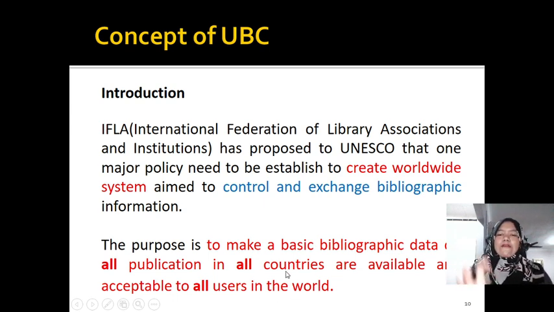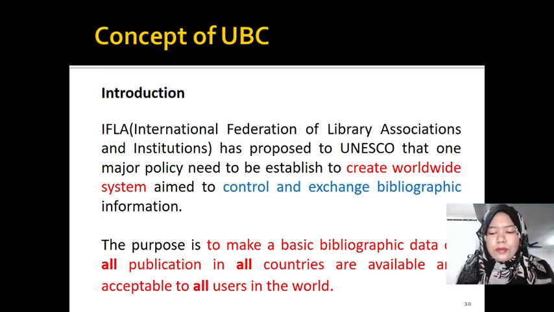That's why IFLA created a system to be used worldwide. So people all over the world use the same system so that we can control and exchange bibliographic information, no matter where you are. Okay, so this is a part of the UBC.